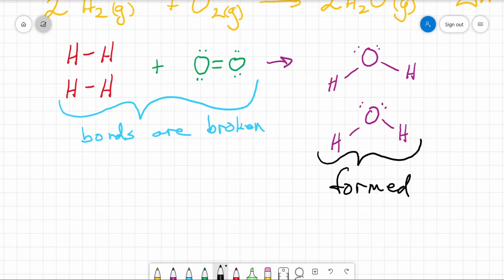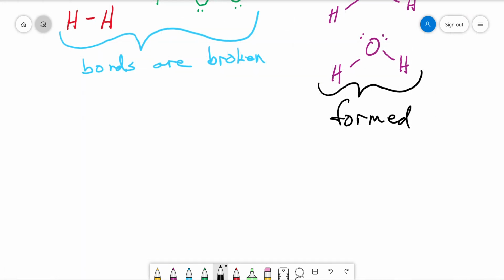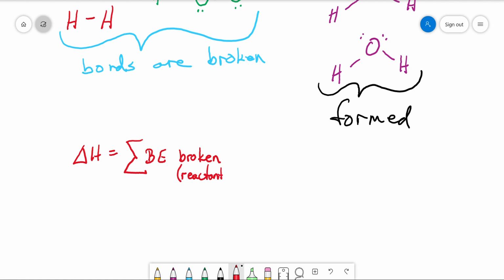Okay, so what that's going to look like is that delta H is equal to the sum of the bond energies for the broken bonds, and those are always going to be the reactants, minus the sum of the energies for the formed bonds.